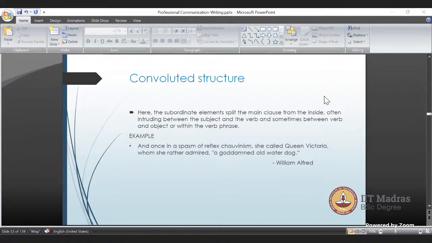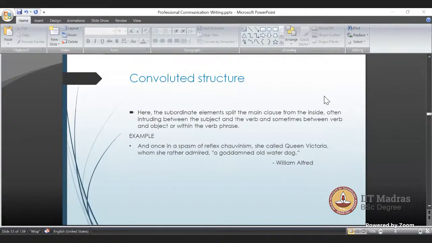Is it between the subject and the verb, or is it between the verb and the object? Verb and object. Maybe not exactly an object, but yes, you're right.